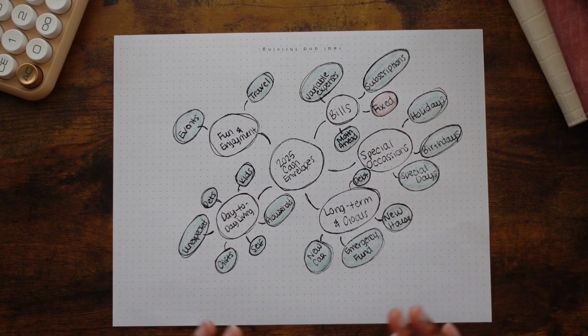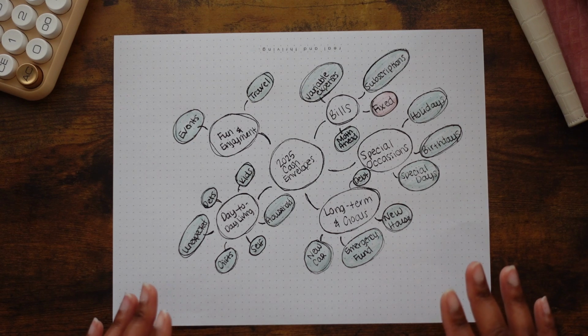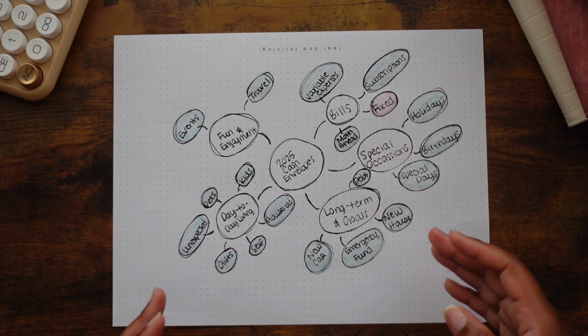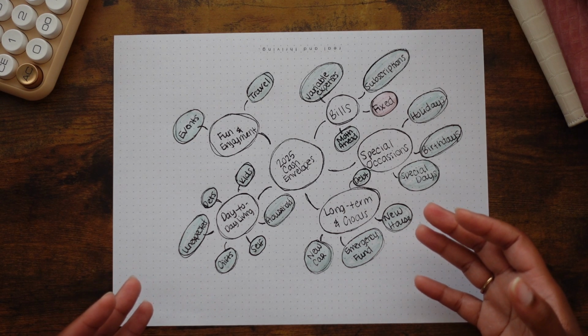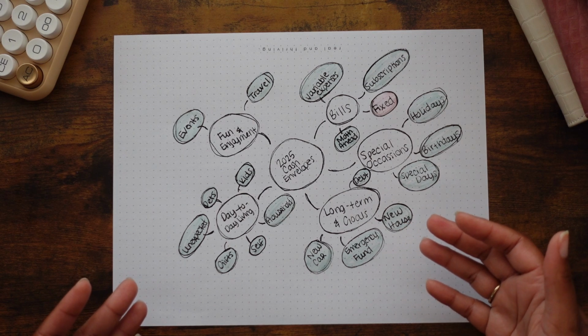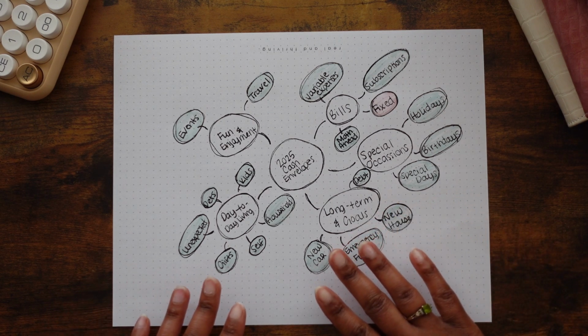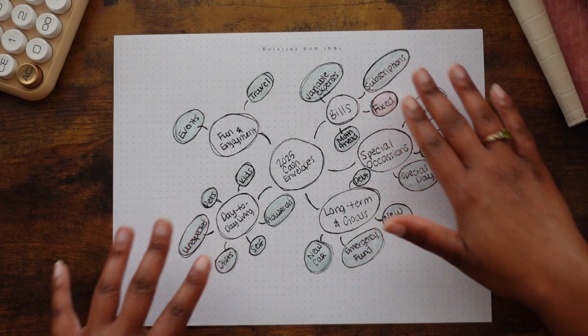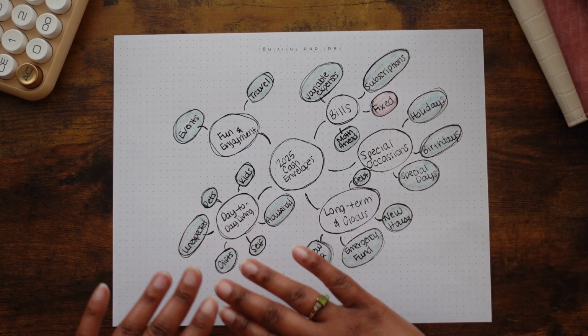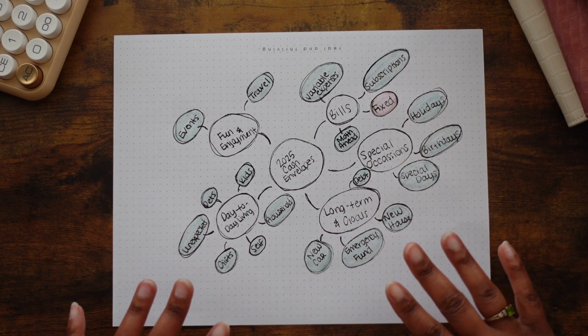Now you can get as granular as you want with your cash envelope system. My recommendation is that if you are just getting started with your cash envelope system, it might be a little bit easier if you keep the levels as broad as you can. So getting to maybe this level and stopping there for now.